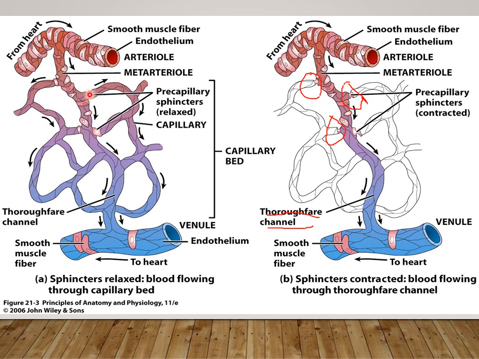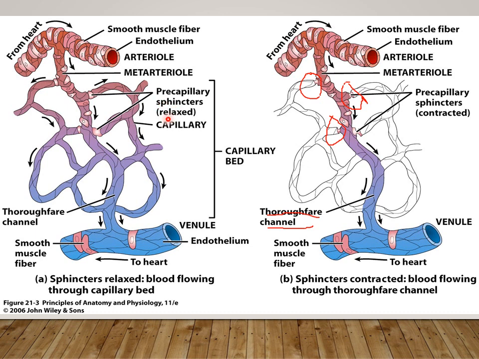When this metarteriole is going to branch into the capillary network, it is surrounded by a single cuff of smooth muscle which is known as the precapillary sphincter. So the precapillary sphincters are a single layer of smooth muscle surrounding the branching site of the metarteriole which is branching into the capillary bed.